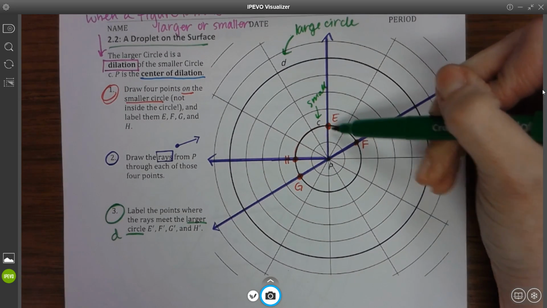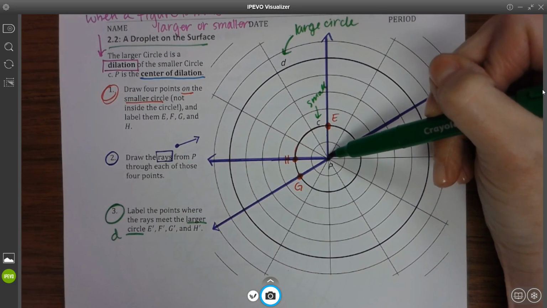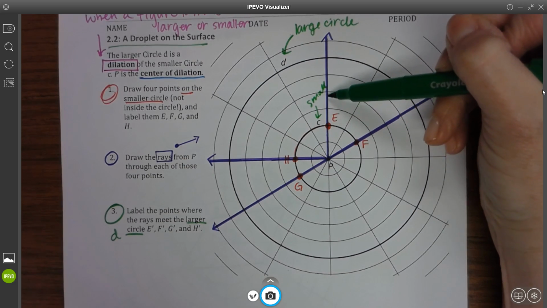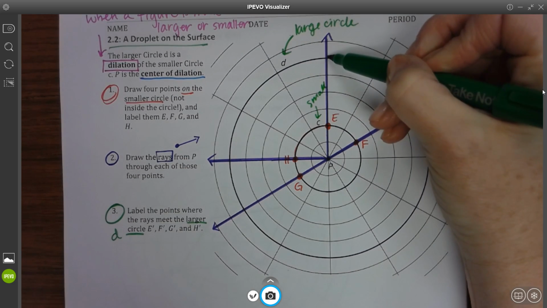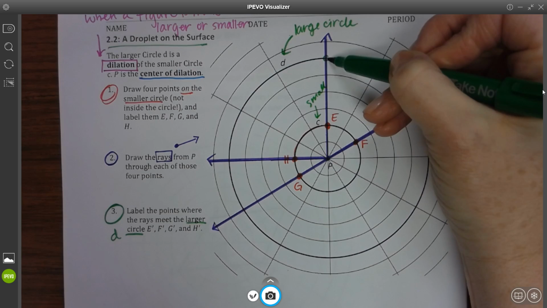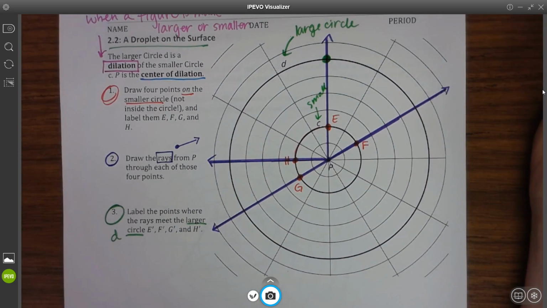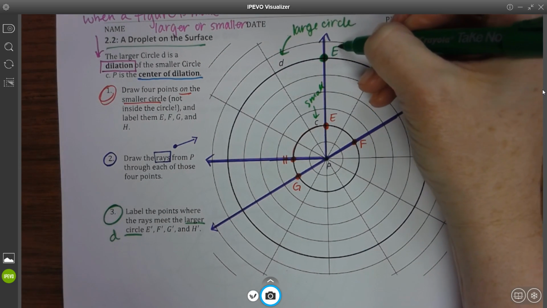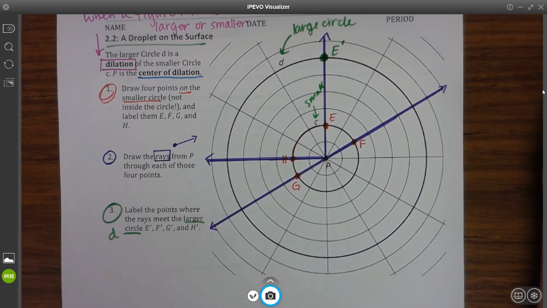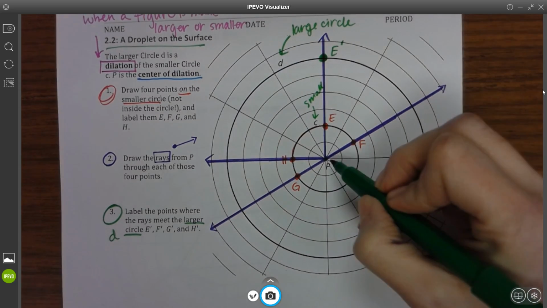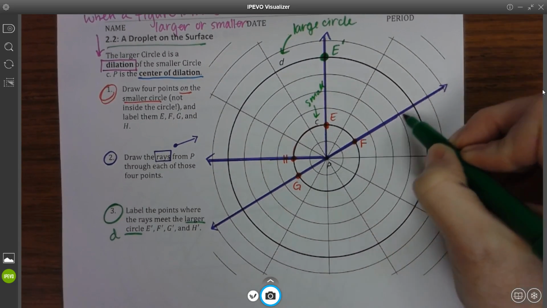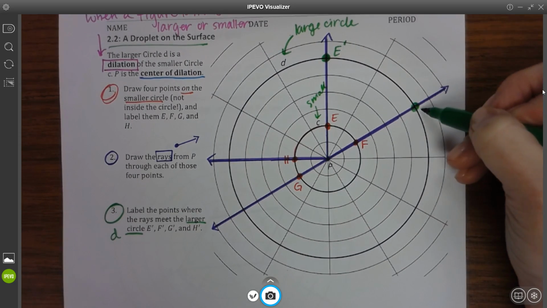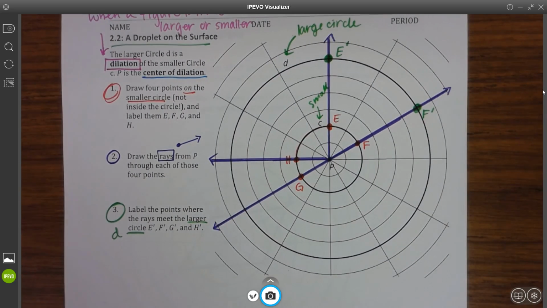So let's go to E first. I have my line that I drew through E, and my ray kept going, but it passed through circle D. Where it passes through circle D, I'm going to label it and mark it, calling it E prime. Now for F, if I follow my ray, I'm going to call that F prime where it meets that circle.